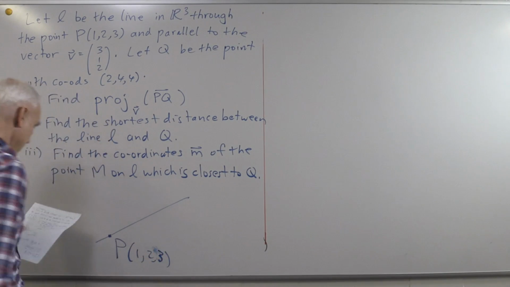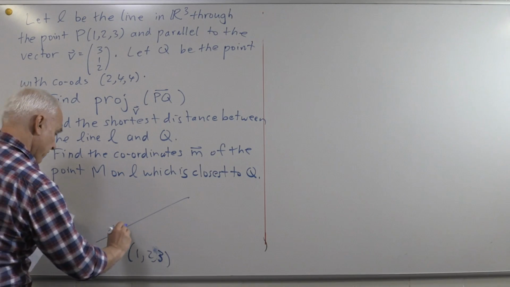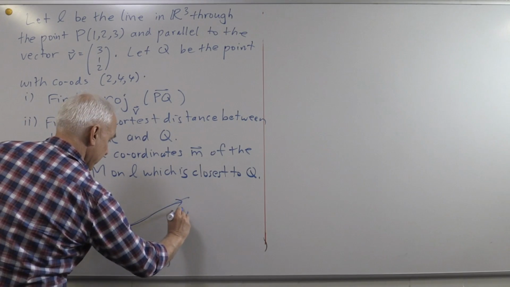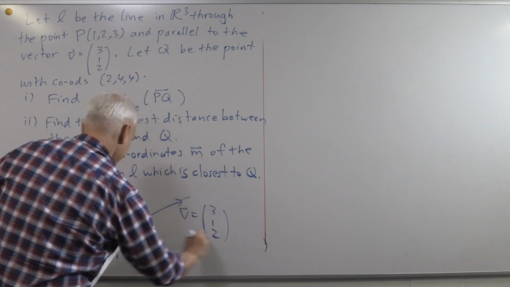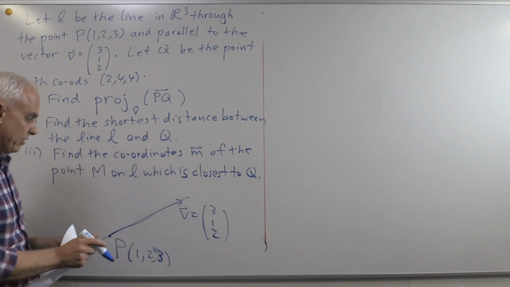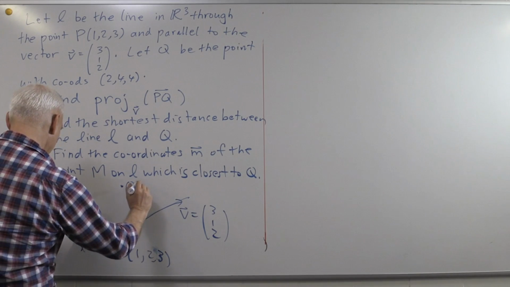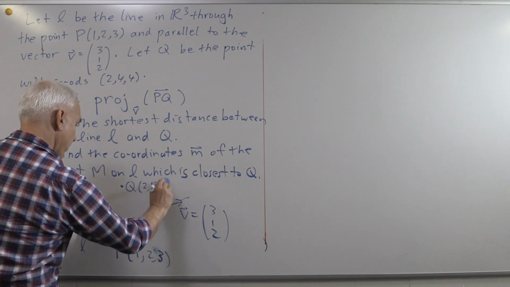We have a vector, we might draw that vector V there. The vector V is 3, 1, 2. And there's our line L. So it's through P and has this vector direction 3, 1, 2. And we have another point Q somewhere. Let's put it up here, which has coordinates 2, 4, 4.